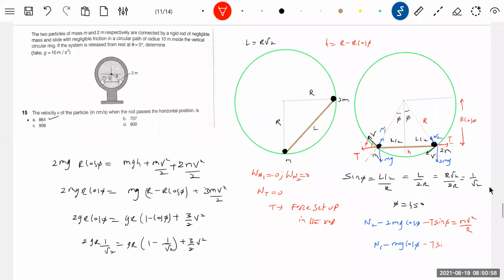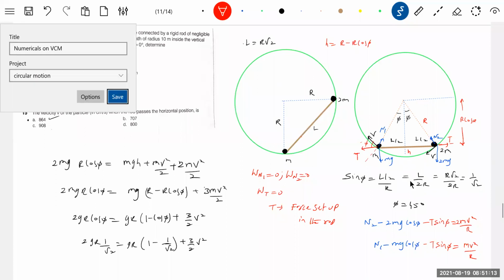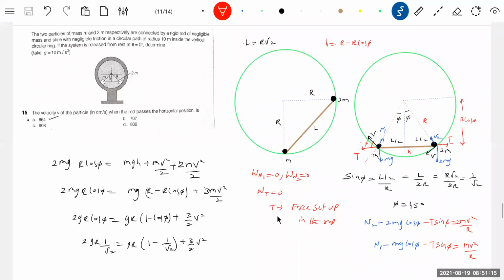You have to be very careful. N2 should be 2m, no? You have to be extra alert. Write it down. Force set up in the string, like tension.